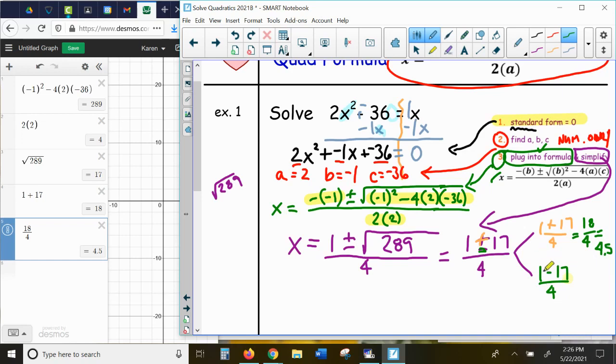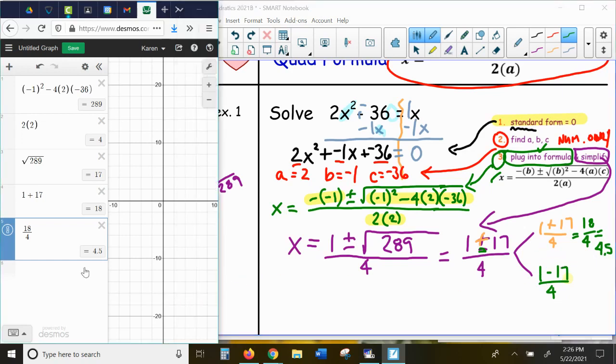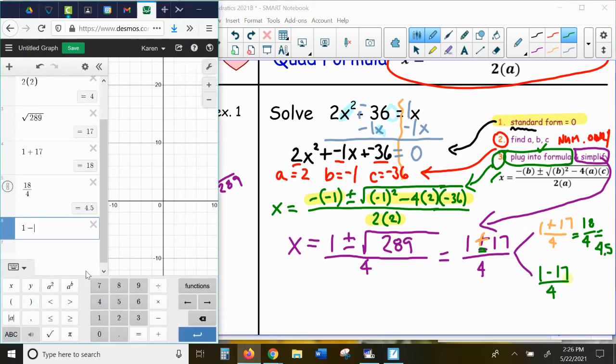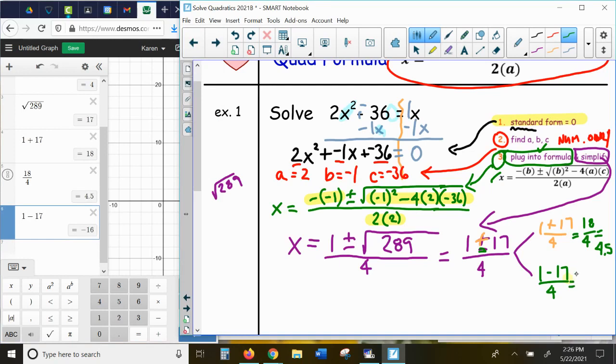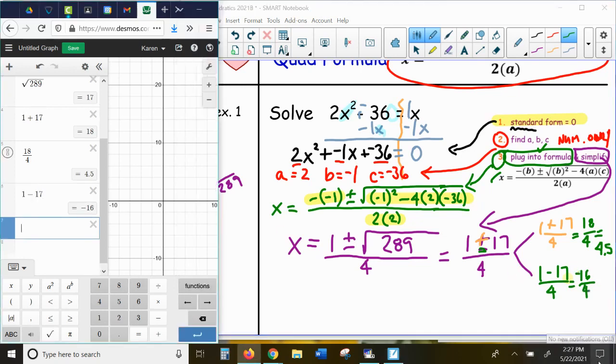Now I need to do 1 minus 17 over 4. So 1 minus 17 is negative 16, so this is negative 16 over 4. You can probably do that in your head, but I'll put it in my calculator.